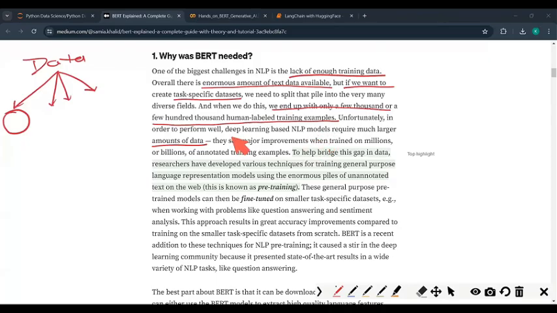Until you give the deep learning NLP based models a much larger amount of data, they are not very good. They are not very usable in the real world. They see major improvements when trained on millions or billions of training examples, then they work very well. So you need to give millions of statements, billions of statements, paragraphs, then they are able to understand the pattern very well, like how a statement is constructed, how grammar is understood, how the inherent meaning of the statement is understood.